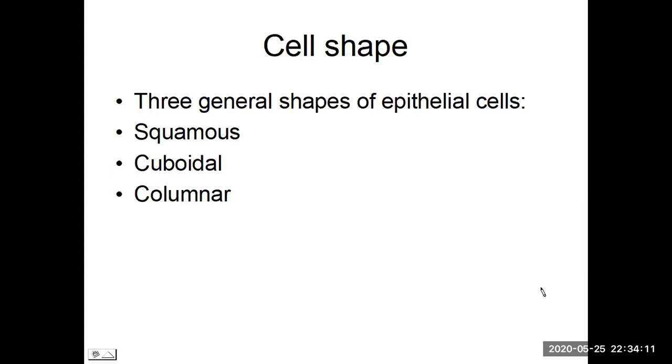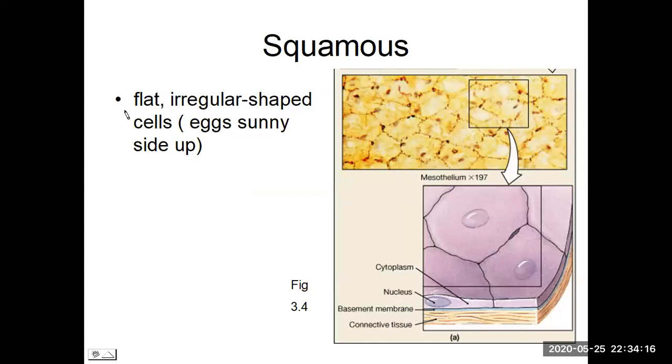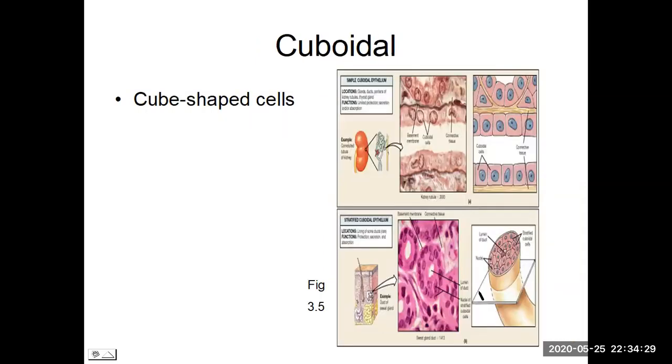There's the shapes. The benefit of the different shapes: the flat, thin cell, this is great for diffusion. So again, just a very thin barrier for material to pass through. The cuboidal cells that we're seeing here, cuboidal cells form multiple ducts and pores of our body. So some duct structure or some pore.